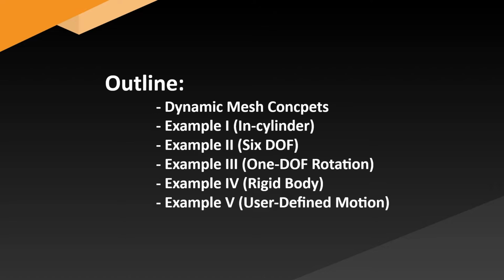Next, in the third chapter, we will simulate a self-propelled submarine motion for the 6DOF model, and in chapter 4 we will have a simulation of opening and closing of the check valve, and in chapter 5, we will simulate the external gear pump using ANSYS Fluent software. And at last, in chapter 6, we will simulate a wave wall. During this example, a wall has a wave motion over time.